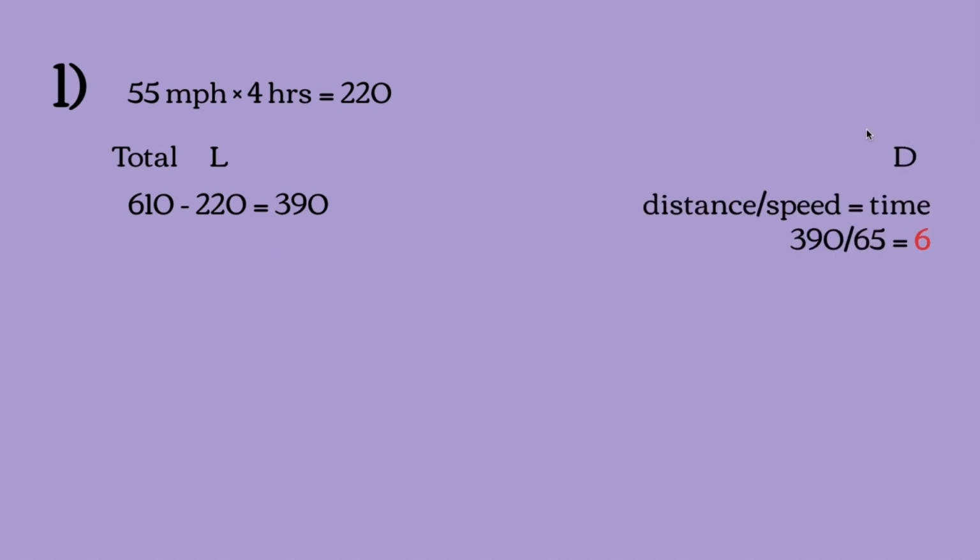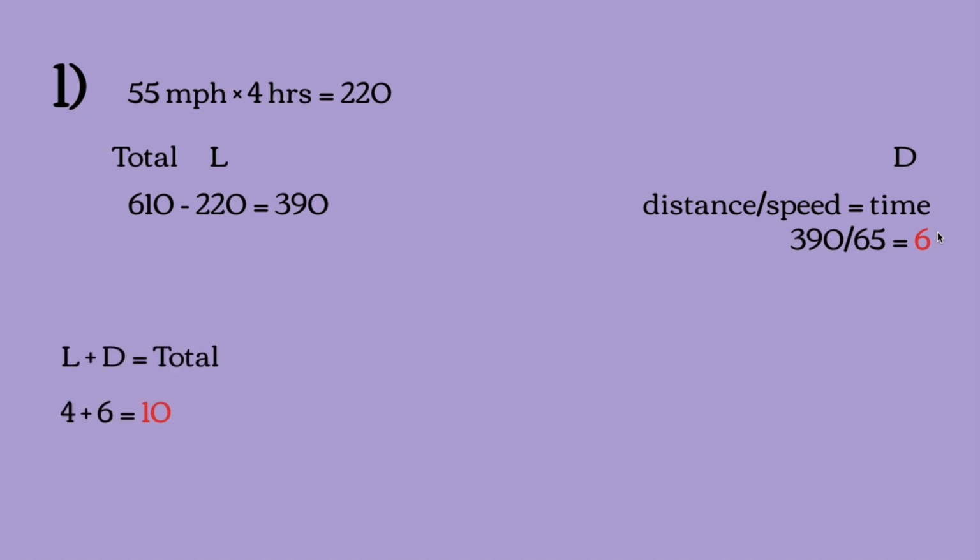So then for her dad's time, we're going to use our distance over speed equals time formula. And then we have our distance, which is 390 miles over 65 miles per hour, which is equal to 6 hours.